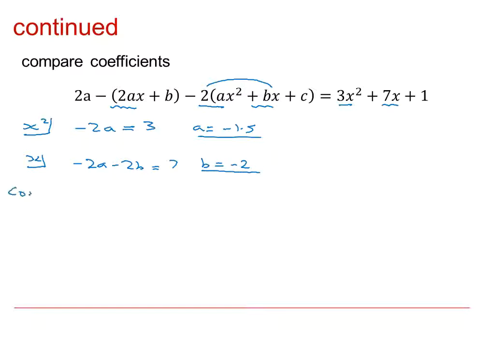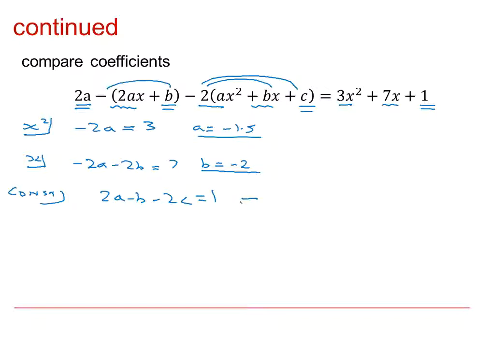If we now do a similar thing pulling out the constant terms, there's a 2a, a minus b, and a minus 2c, and that has to match the one on the right hand side.